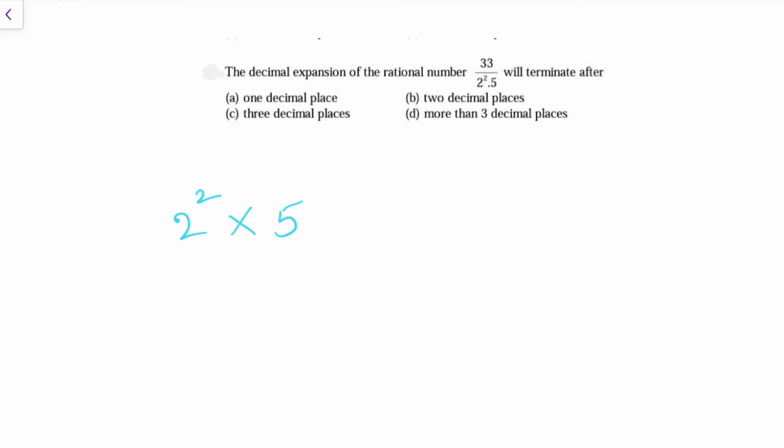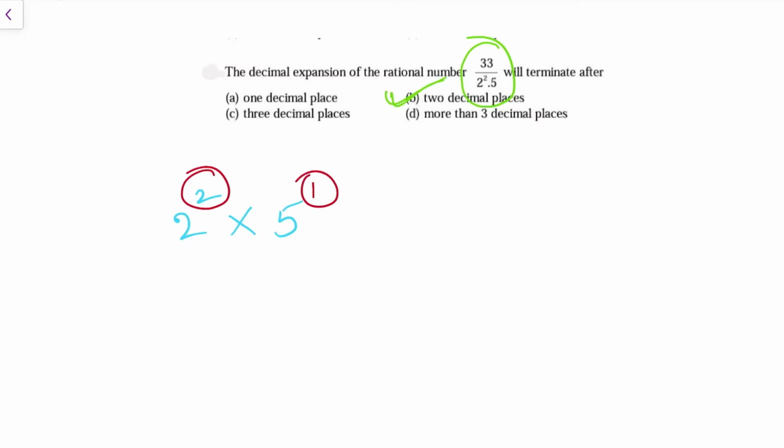Now here we need to observe for which number the highest power is there. For 2 the power is 2, for 5 nothing is there, means power is 1. Now in these two powers, that is 2 and 1, obviously 2 is bigger, so the given number will terminate after 2 decimal places, that is option B is the correct option.